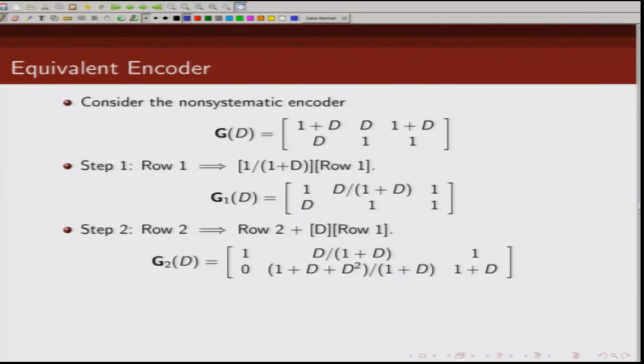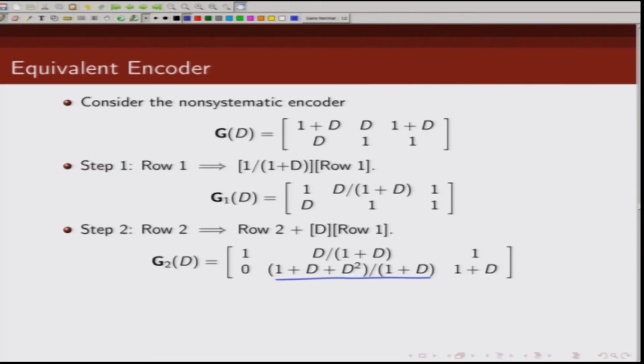So, D plus D times 1, which is another D. So, D plus D is 0. Similarly, for this term, (1+D^2)/(1+D), this is basically given by this, and we have 1+D which is this term. So, what we have done is, we have converted this into the form 1 0.